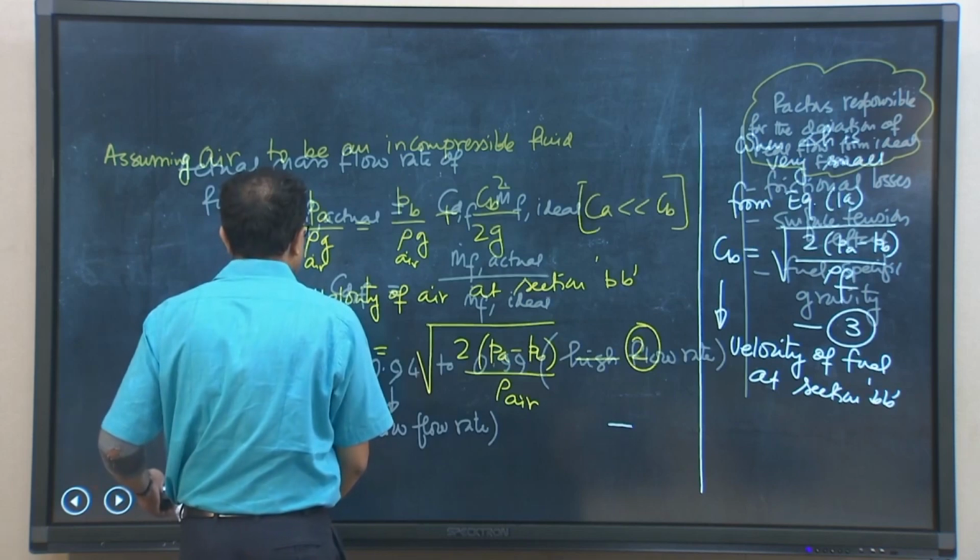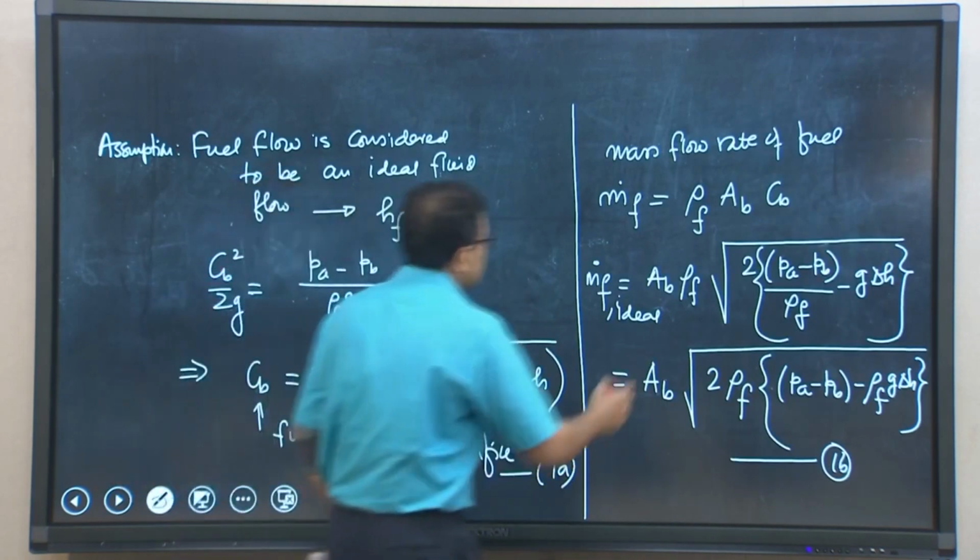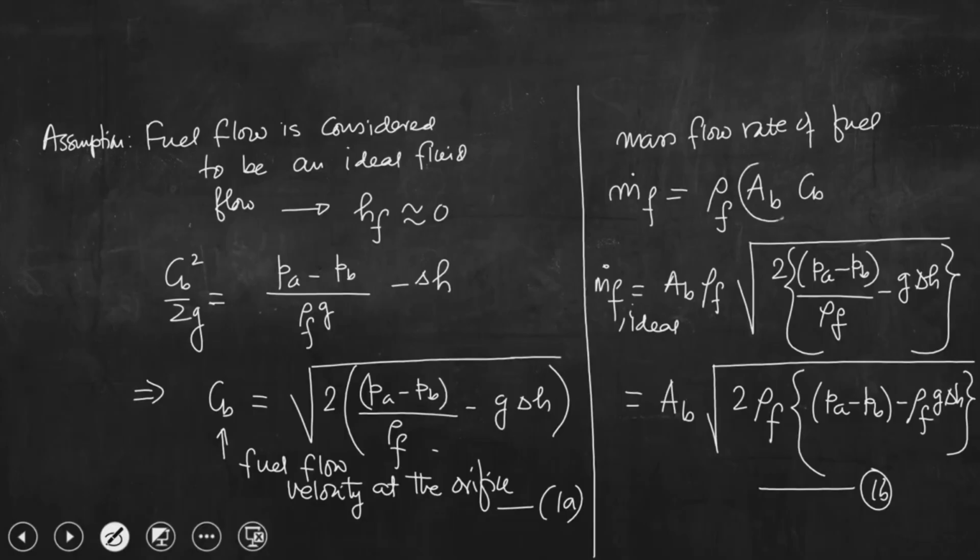So, you know that here we could write, basically this is the area of the orifice at the fuel discharging point.